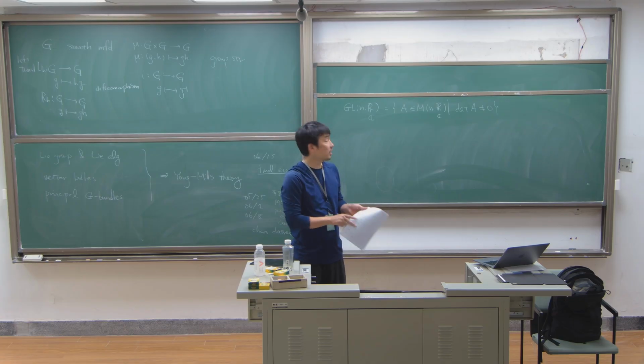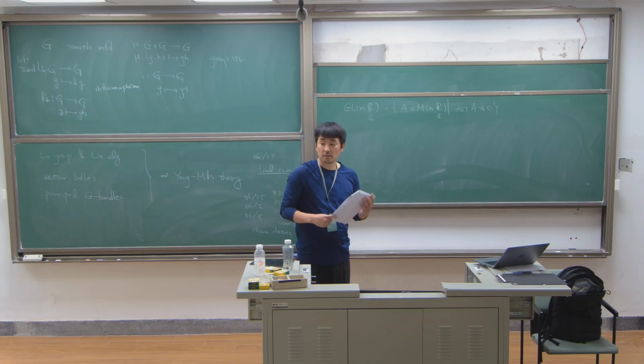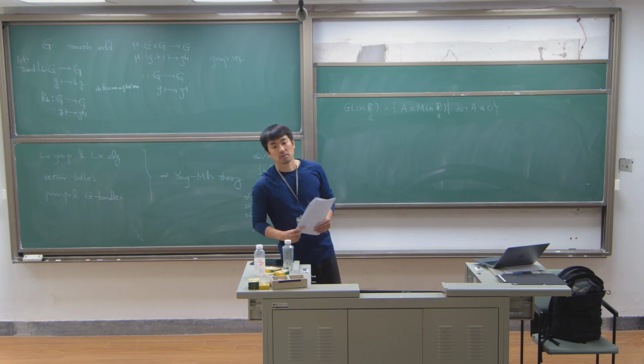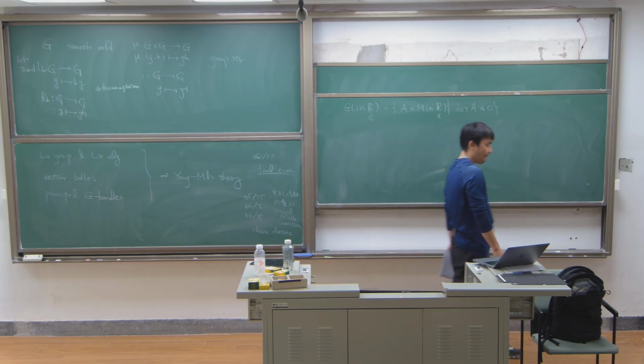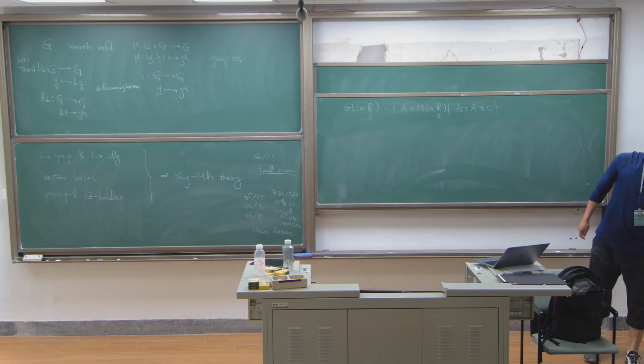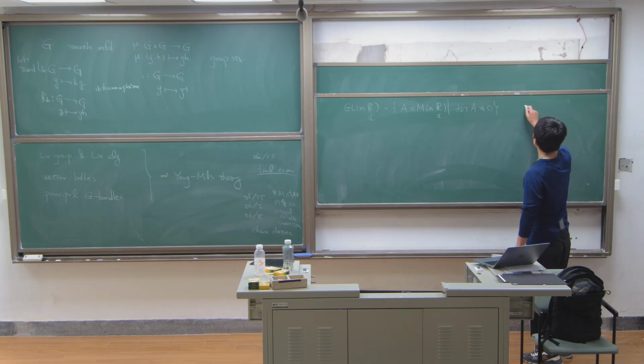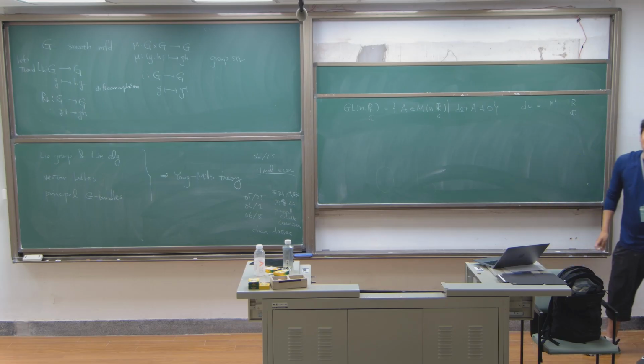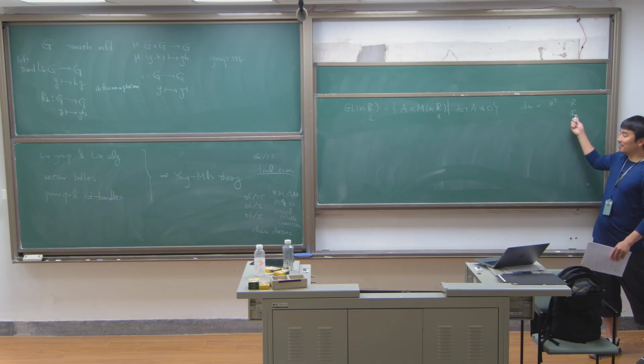So what is the dimension of this manifold? If R, n squared. If C, what is the dimension?